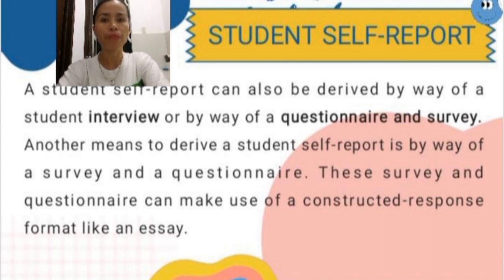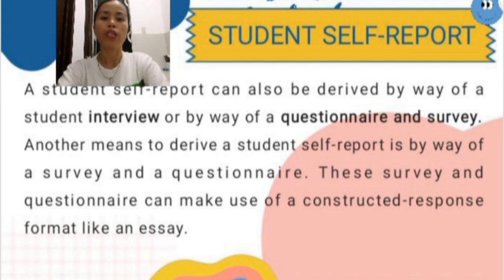So remember, constructive response is a straightforward approach for students. Then selective response is where the student chooses a response, like multiple choice.